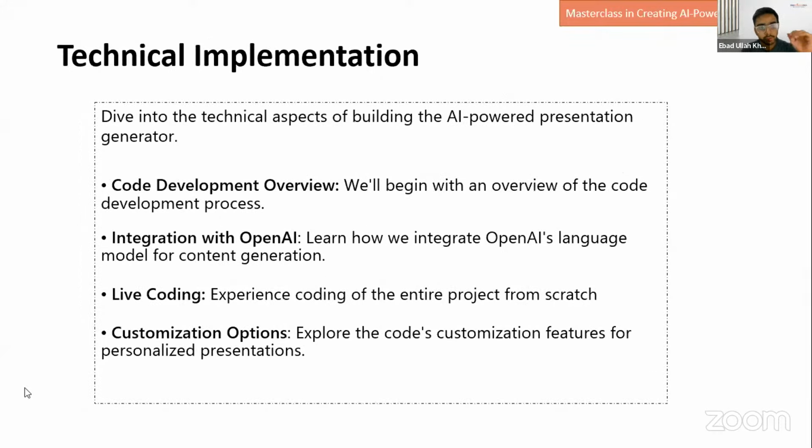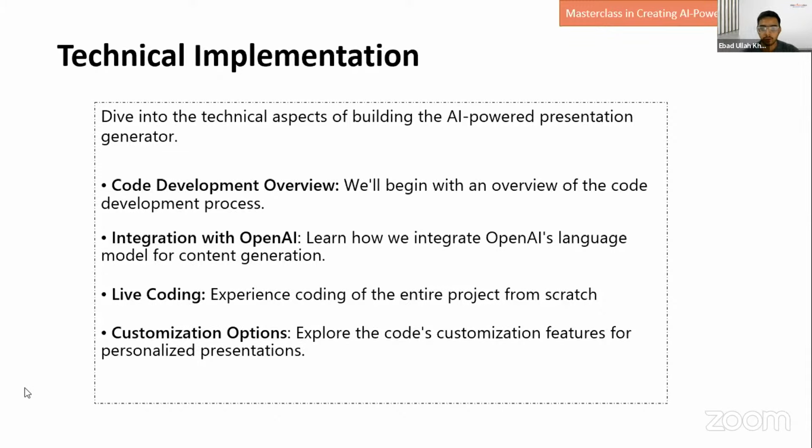So the technical implementation that we are going to do today is based on 4 steps. Obviously, I will give you a development overview of what we will be doing and what libraries we will be using, everything from scratch. Also, we will be integrating OpenAI. We will be using the latest model, GPT 3.5 Turbo, and we won't be using DaVinci because it's kind of deprecated.